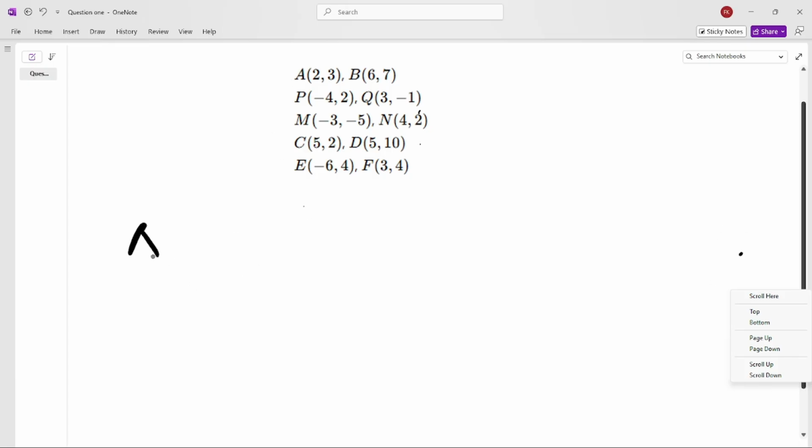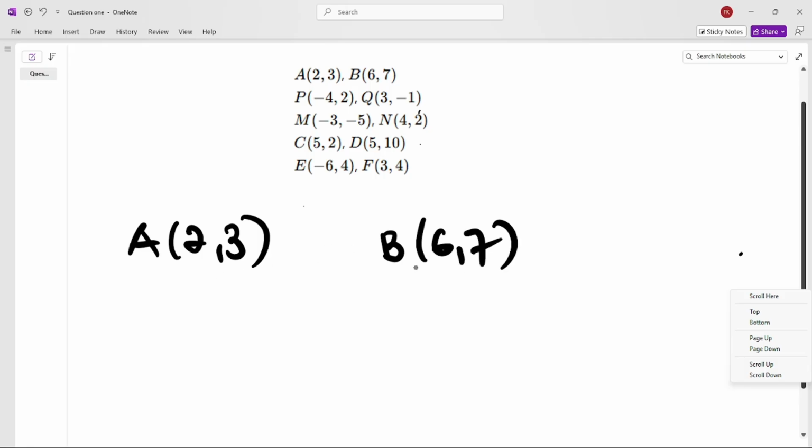We have point A, which is 2 comma 3, and then B, 6 comma 7. These 2 points are going to form a line in the xy plane. We are going to evaluate the gradient or the slope of this line.